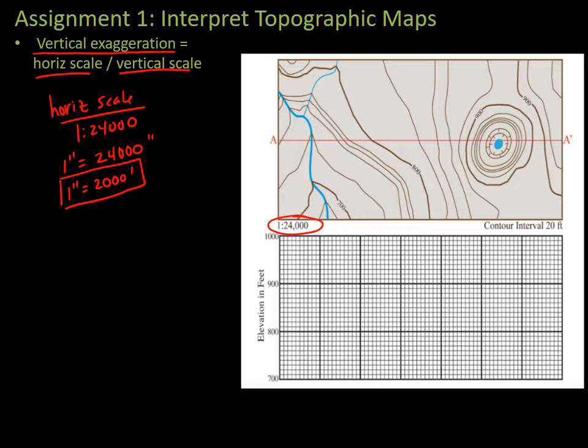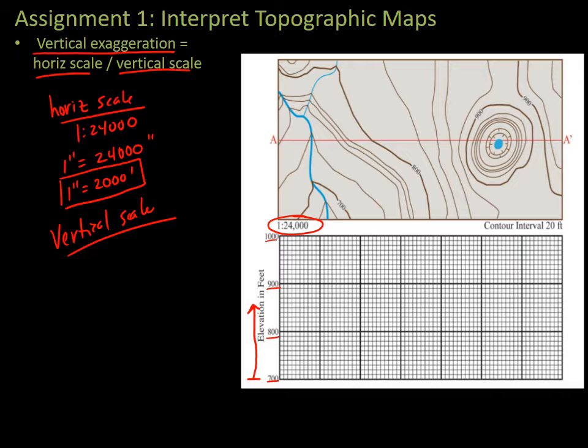on the real landscape. So now we need to figure out the vertical scale. This one we'll have to measure. We go to our graph paper, and on the vertical axis there's a bunch of elevations labeled 700, 800, 900, 1,000. So what we need to do is actually measure an inch on our graph paper and figure out how many feet that corresponds to. If I measure on this graph paper starting at 700, let's say an inch is that much.